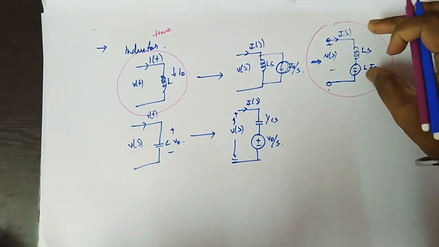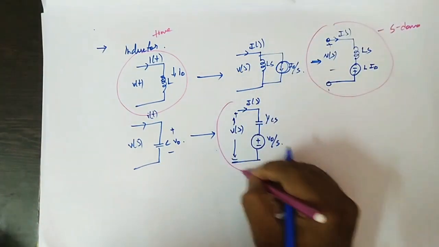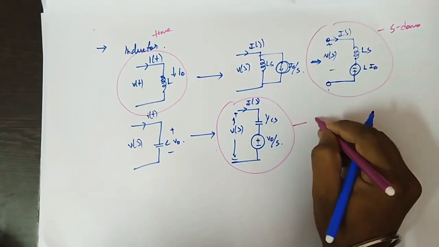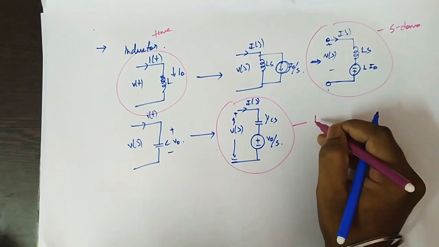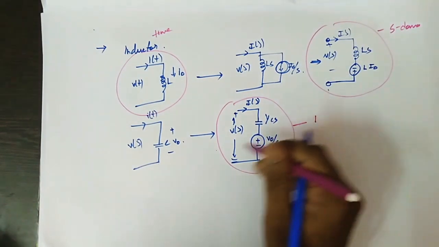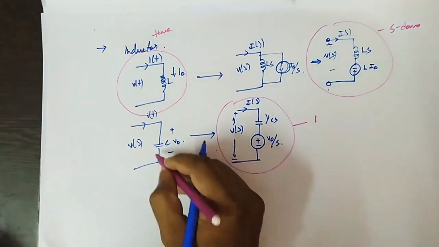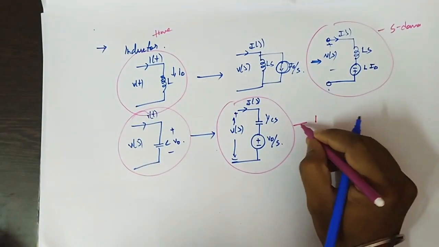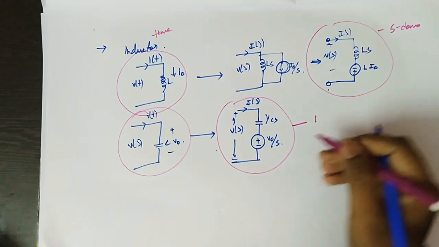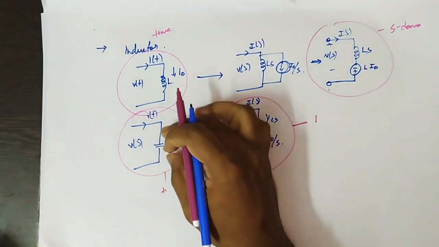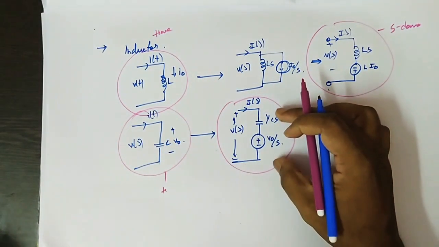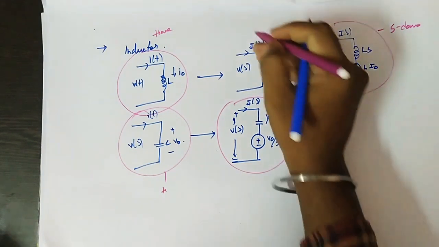We will use these two representations in solving circuits. Now we will solve circuits in this section only. For one circuit I will solve. So remember this. This is the time domain representation, a capacitor having initial voltage, and their equivalent representation in S domain. This is S domain.